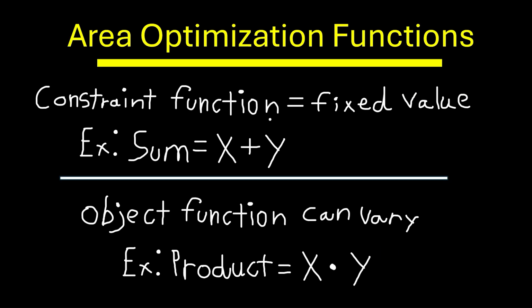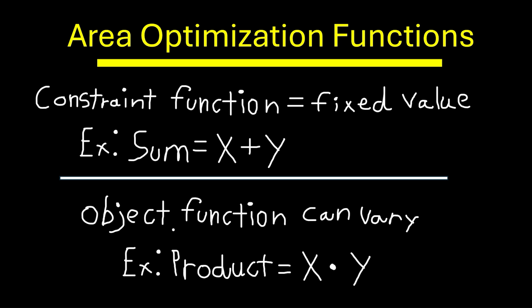For our final problem, we have area optimization using cost. So two functions to remember are our constraint function and our object function. A constraint function is equal to a fixed value, say sum equals x plus y.